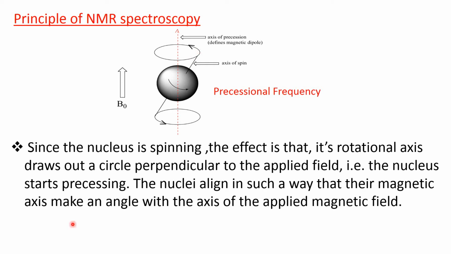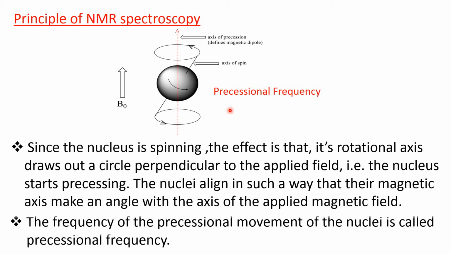The nuclei align in such a way that their magnetic axis makes an angle with the axis of the applied magnetic field. It will always make an angle, not exactly parallel from the beginning. Now, the frequency of this precessional movement of the nuclei is known as the precessional frequency.